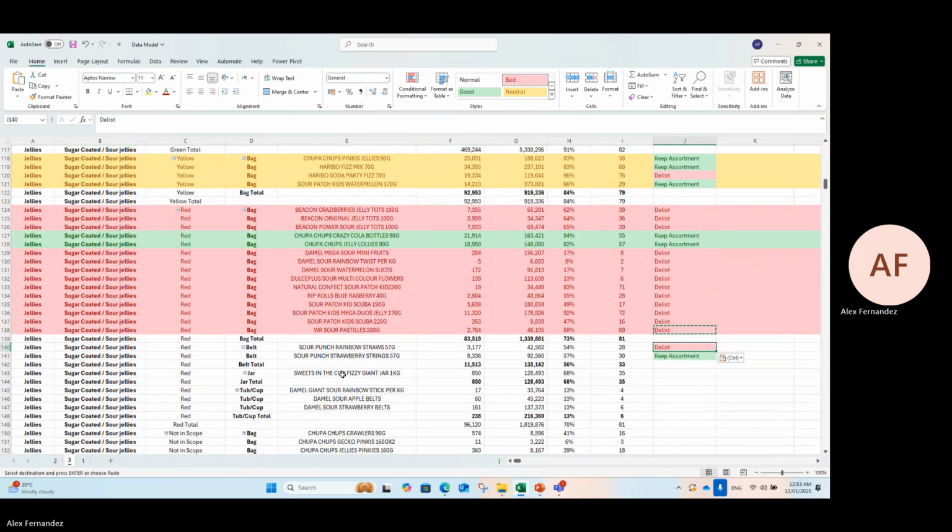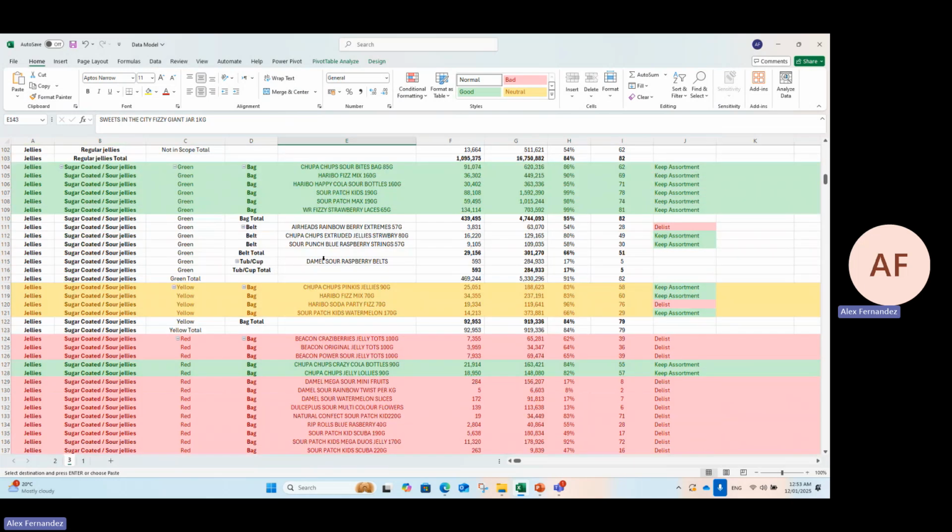Jar, we don't have any jars here. This one, although it's a unique pack format, the sales are very low because the weighted distribution is very low. So if we keep it, it has definitely to be improved in terms of distribution, in terms of availability.